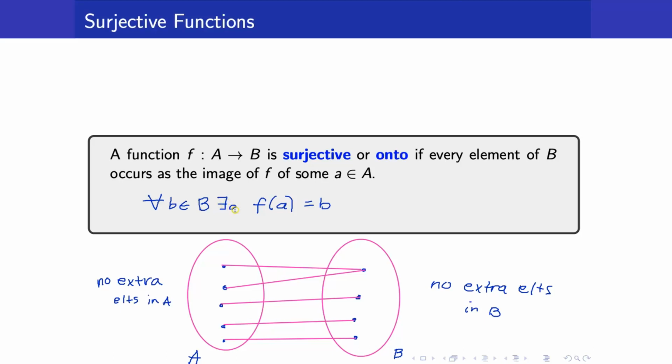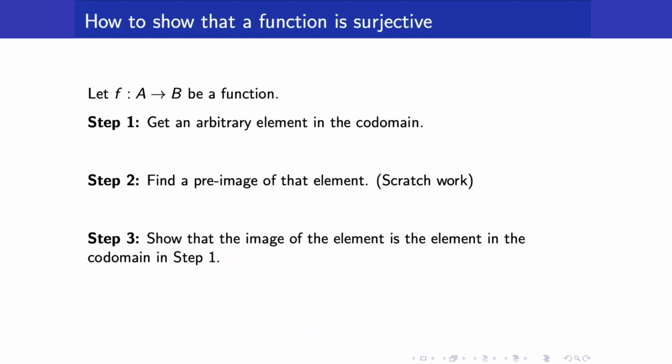There exists an a in capital A. Let me write that down again here. For all b in the codomain, there exists an element in the domain such that b is the image of this element a.